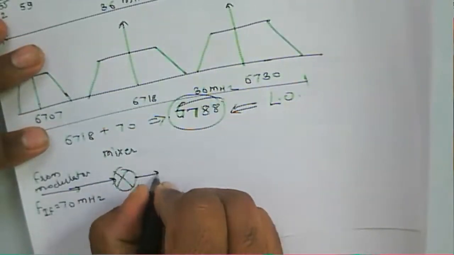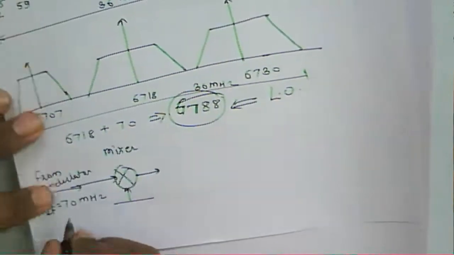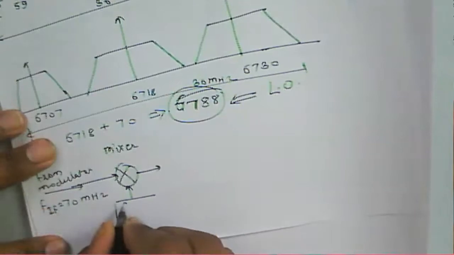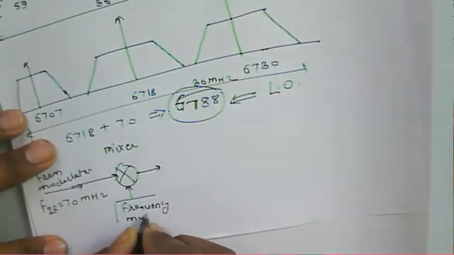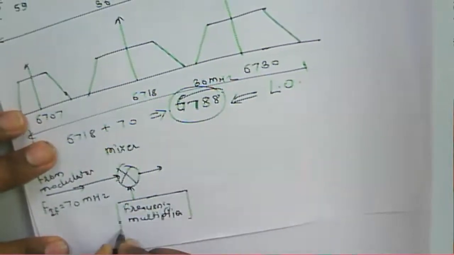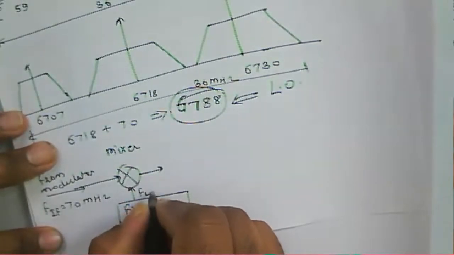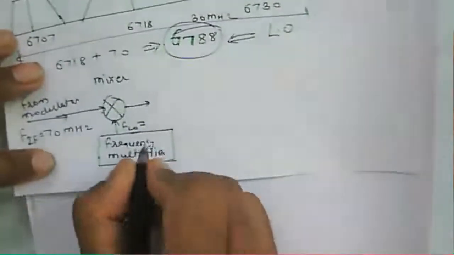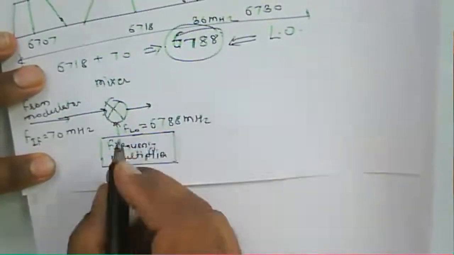Then we have a frequency multiplier, because we need to get that output, for this local oscillator, that will be what? A 6788 megahertz is the output.